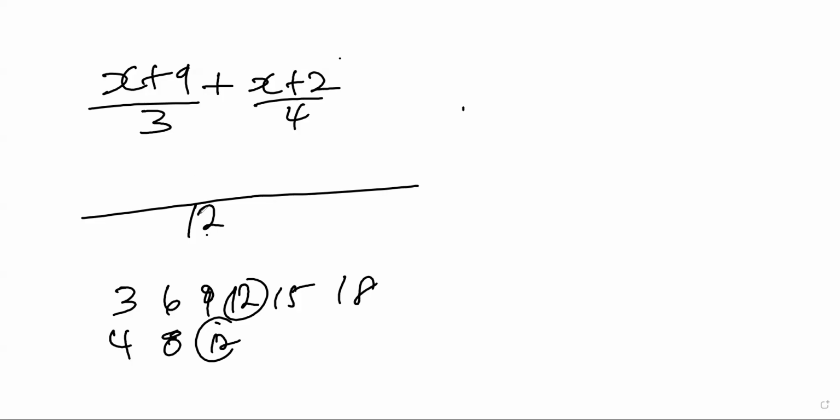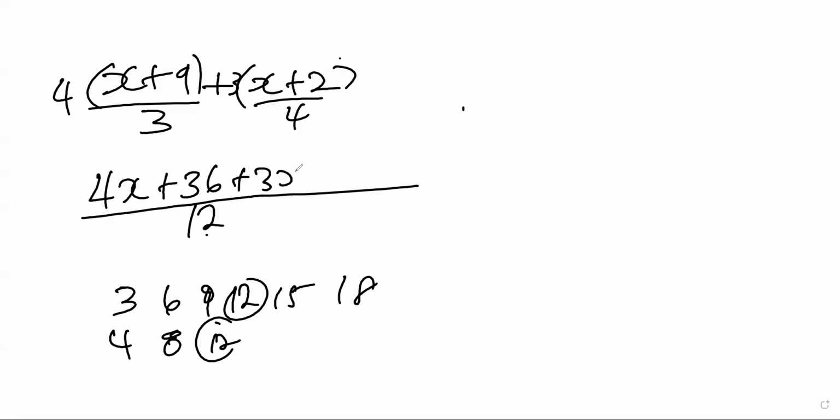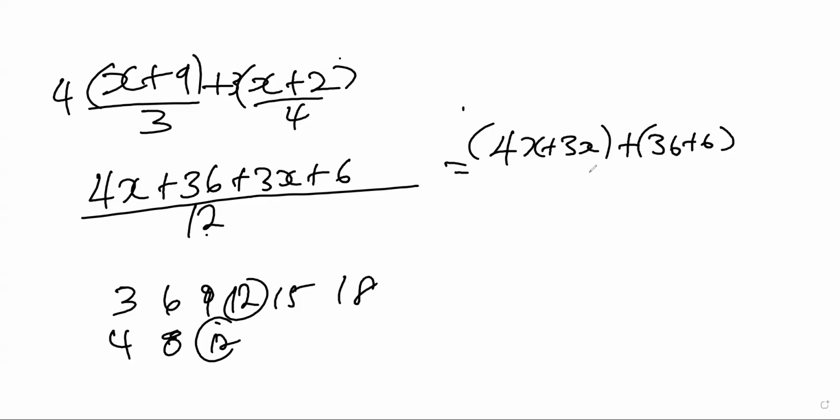So 3 into 12, 4 times. 4 times x, 4x. 4 times 9, 36. 4 into 12, 3 times. 3 times x, 3x. 3 times 2, 6. So we group the like terms, so 4x plus 3x. And then, of course, we have 36 plus 6 all over 12, right?